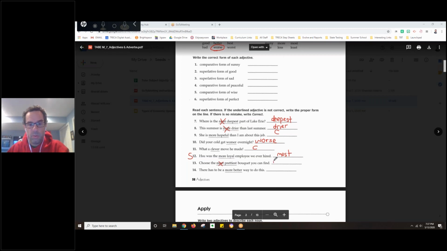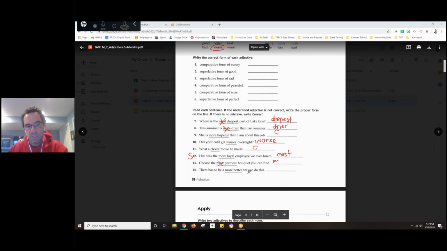So you would just write in the word prettiest. So again, prettiest bouquet. So there's 500 bouquets in this store, bouquets of flowers, right? Many, many, many different kinds of bouquets. So you want to make sure that your adjective is in the superlative form. Here it already is, prettiest, EST, right? If you put EST, that's the superlative form.